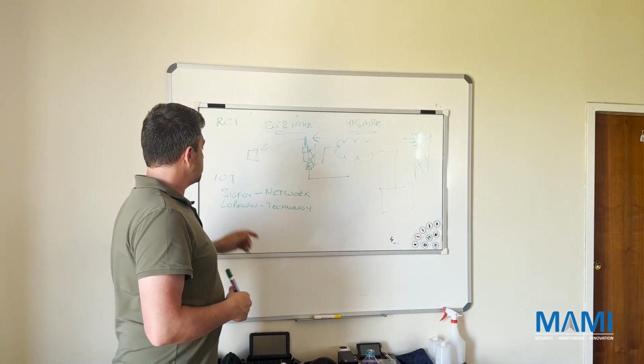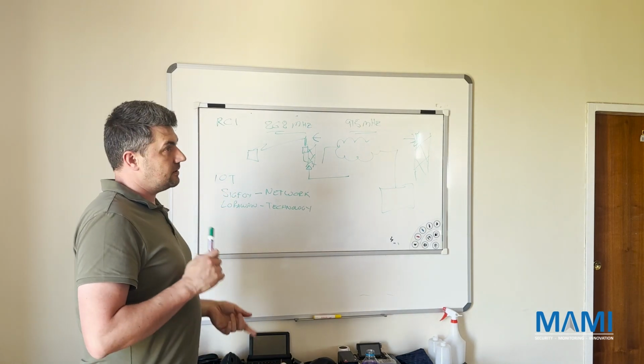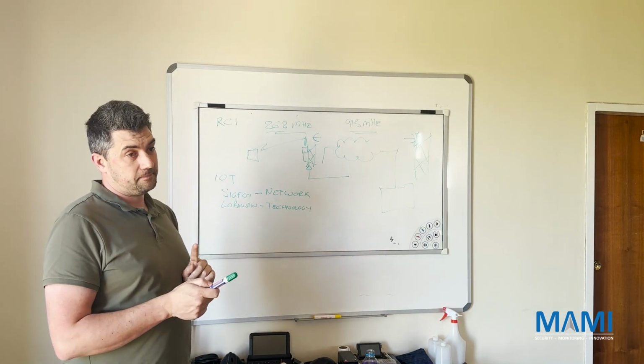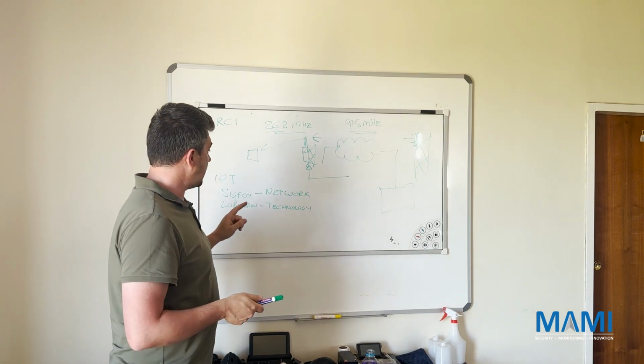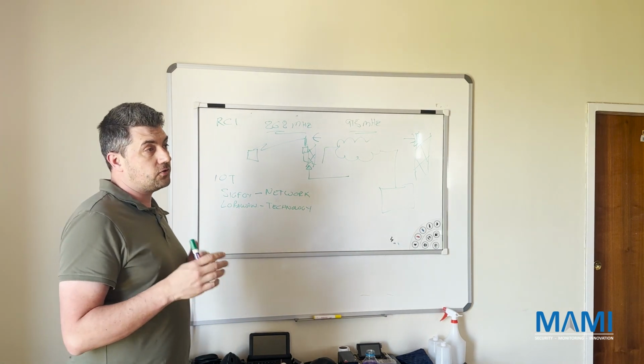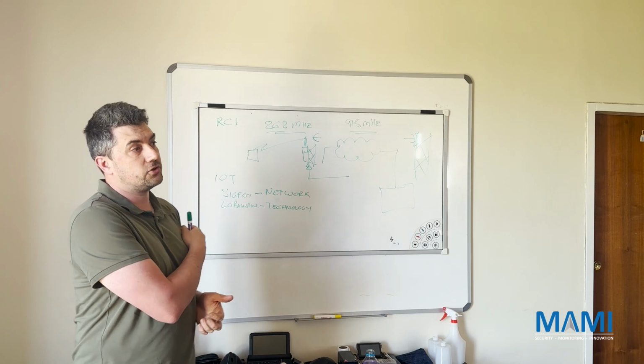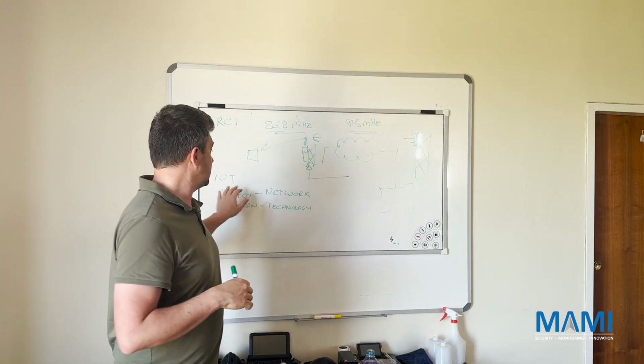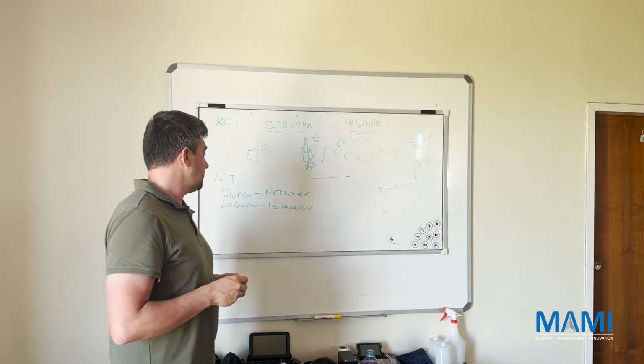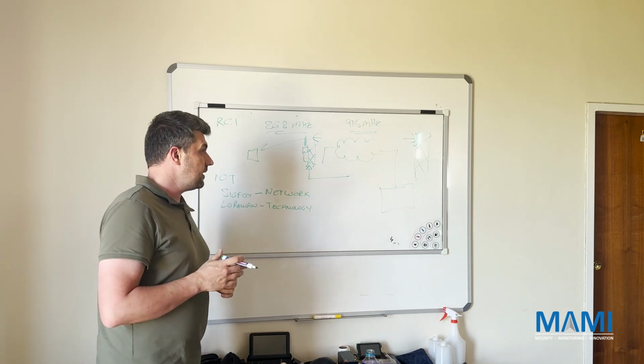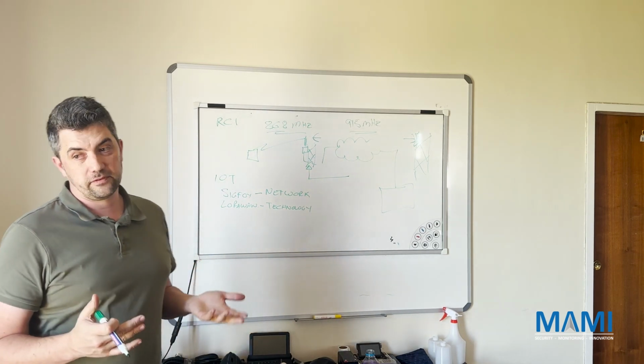Okay, so the other difference between Sigfox and LoRaWAN is the way you can talk back. There is two-way communication between Sigfox and the network, but the difference is that with Sigfox you cannot talk to a device whenever you want.